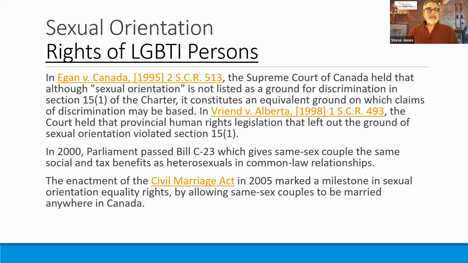In 1995, in the case Egan versus Canada, the Supreme Court of Canada held that although sexual orientation was at the time not listed as one of the grounds for discrimination in section 15.1 of the Charter, it violated section 15.1 because it constitutes grounds equivalent to other forms of discrimination. Section 15.1 lays out at a high level what areas should be prohibited, that we can't discriminate against people.